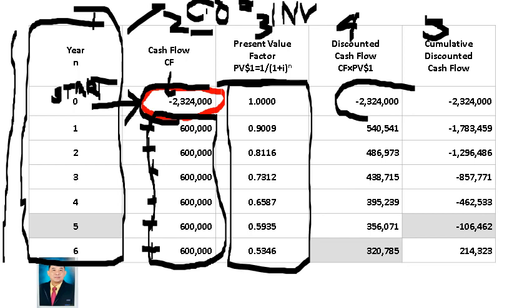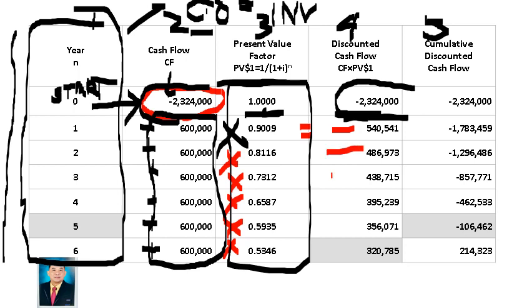Of course this is 1 as a start. So on the first year, you just multiply, multiply, and multiply. And if you add that, it will give you this one. That is the discounted cash flow.